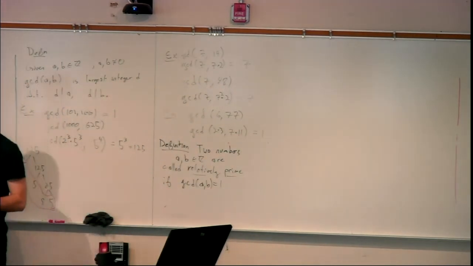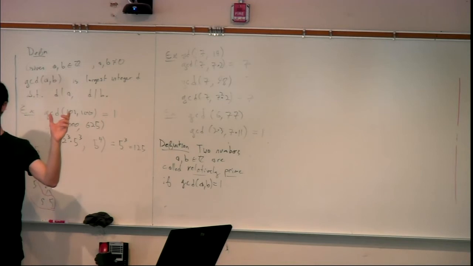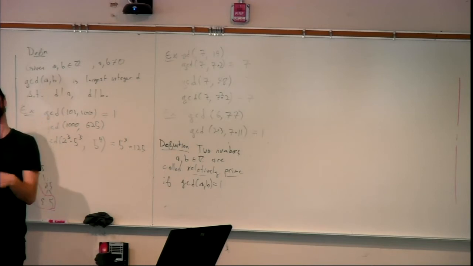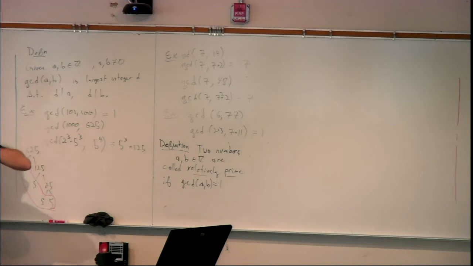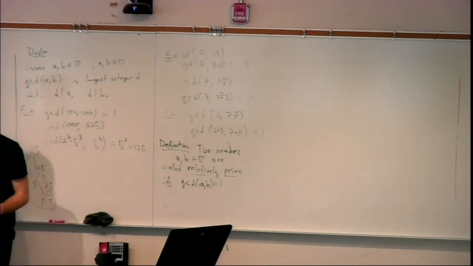Right? So what this is saying is that relatively prime means that these two numbers share no prime factors. When I write A into its prime factorization and I write B into its prime factorization, no primes appear on both lists. Because if a prime appeared on both lists, then that prime would divide both A and B. These two numbers are called relatively prime.